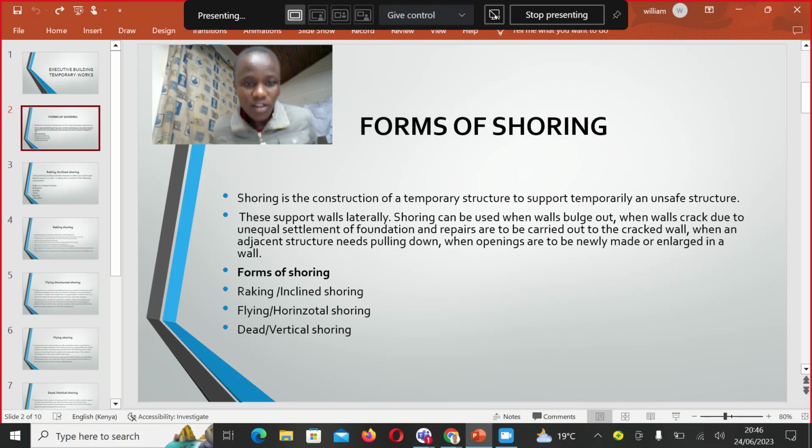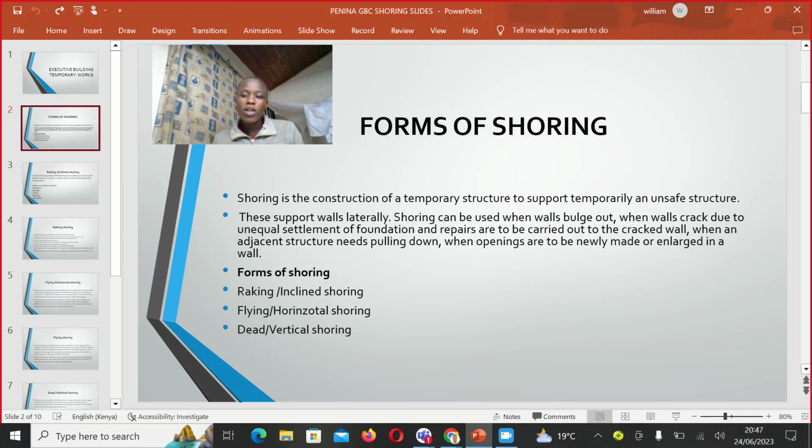Shoring is the construction of a temporary structure to support unsafe structures. For example, when you have a bulging wall or a wall that has cracks, you have to support it before you begin your repairs.